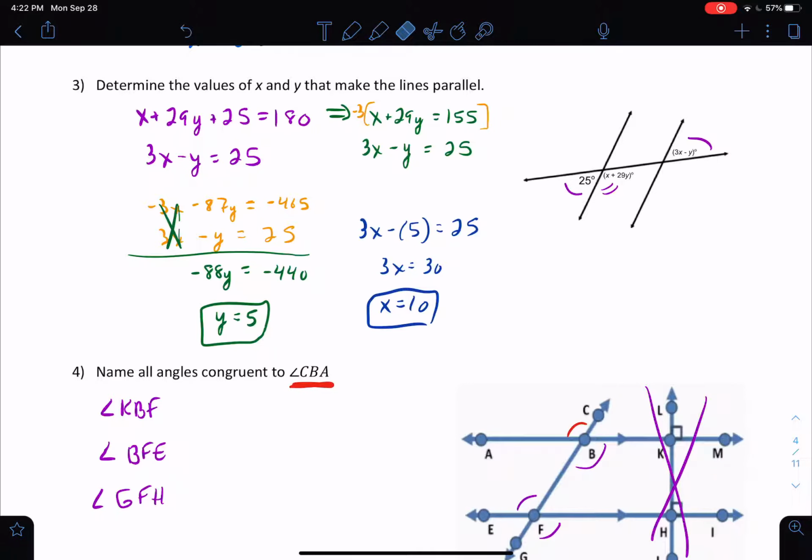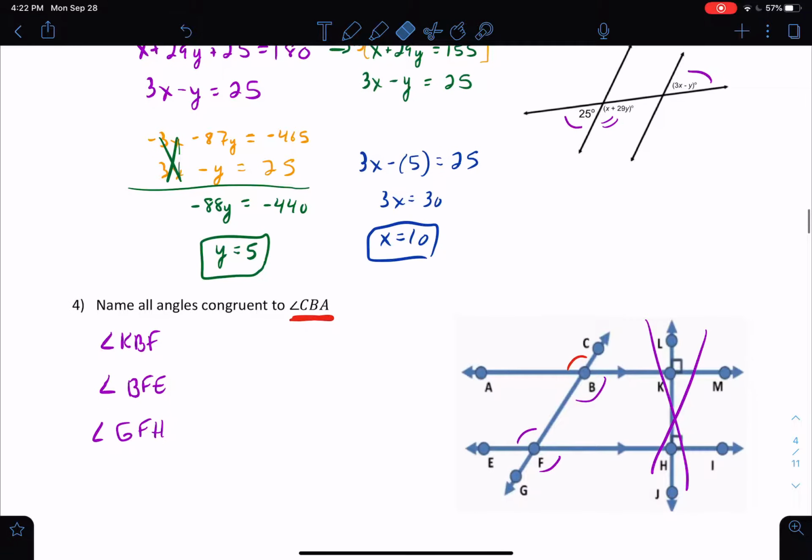And then number 4, again, messy diagram. Just take it nice and slow. All right, because I have 2 parallel lines cut by 2 transversals. This transversal gives me 0 information to relate back to angle CBA. So that's why I crossed it out, because there's nothing over there that's going to help me.